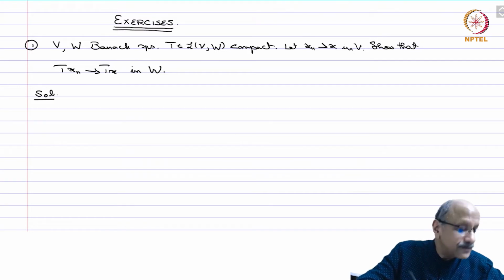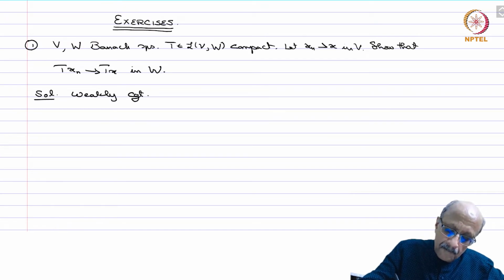So solution. Weakly convergent implies bounded. We know that.